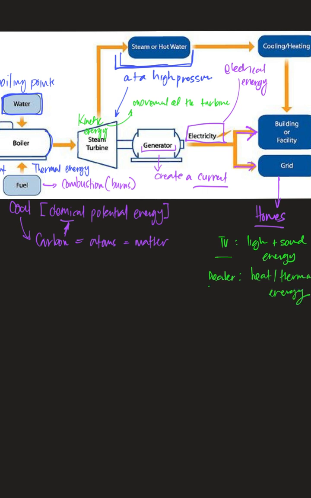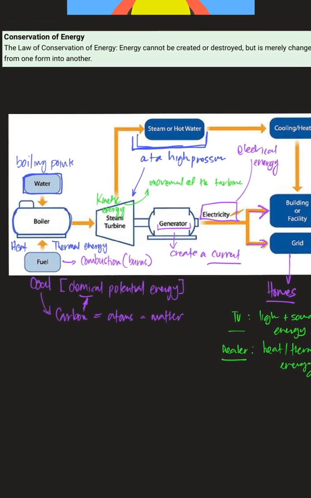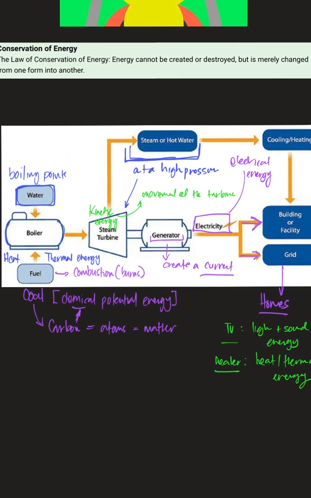So what I'm trying to show you is that when we talk about the conservation of energy, we're talking about the fact that this energy gets transferred from one type of energy to another. So I'm going chemical, thermal, kinetic, electrical, light, sound, heat, thermal. Can you see it's going in a sort of cycle?